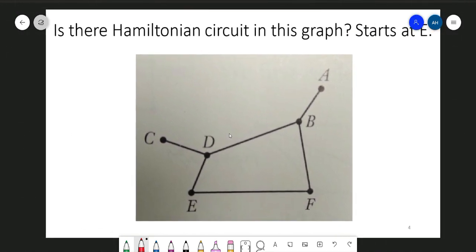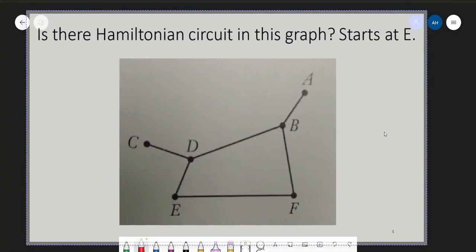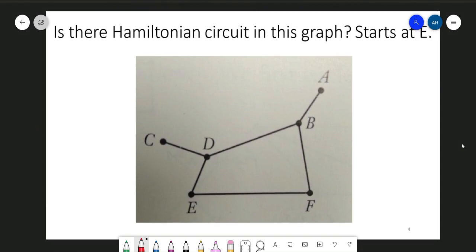Okay, we are given a graph here and see whether we get a Hamiltonian circuit in this example. All right, now start at point E. Okay, where is E? Oh yes, E is here.